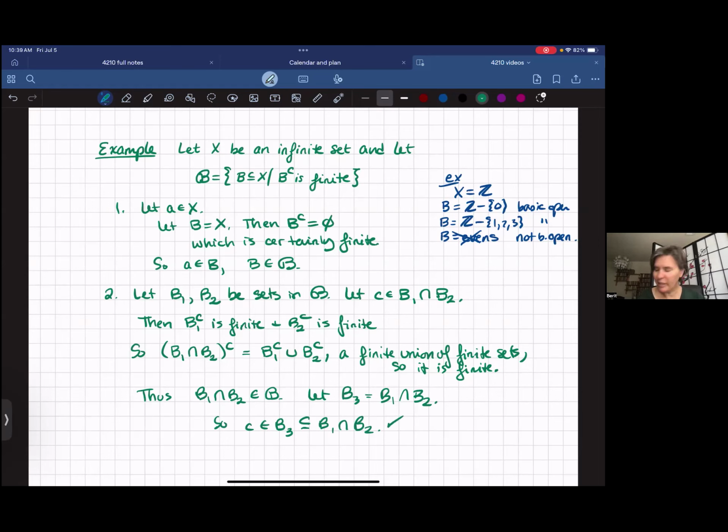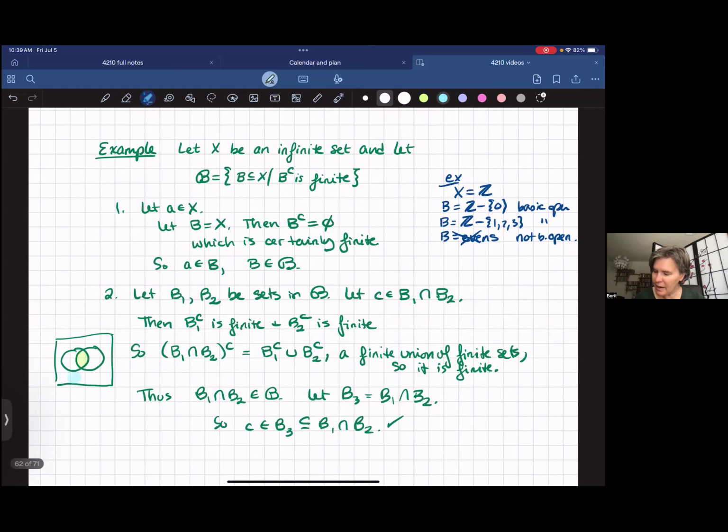All right, and then real quick, because I promised, the Venn diagram for De Morgan's laws. So here I have my B1 and B2. And let's say B1 intersect B2 is this little bit in the middle. And B1 complement, so let's say B1 is the one on the left.